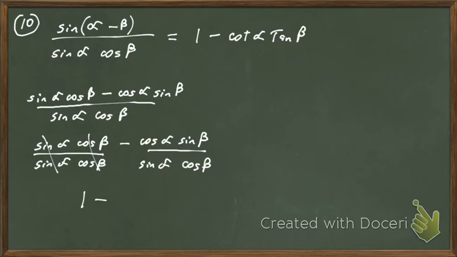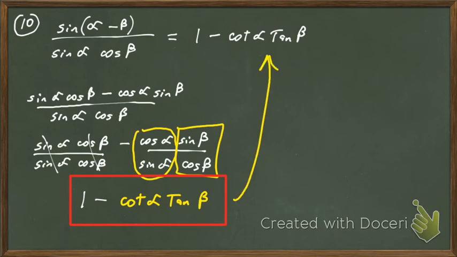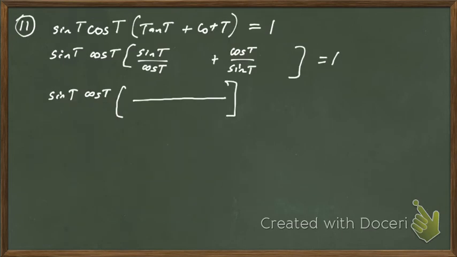What is cosine over sine? Cotangent. And what is sine over cosine? I believe this now matches what I wanted it to. Changed everything to sines and cosines.